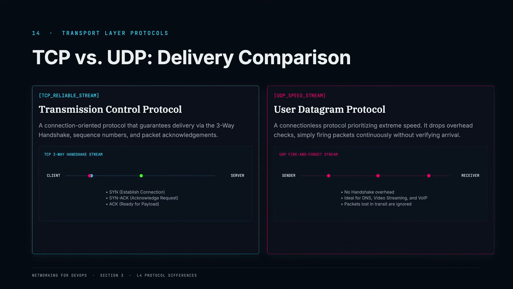Now what is TCP versus UDP? TCP is Transmission Control Protocol and UDP is User Datagram Protocol. Both are used to send data. But if we want ordered data where errors should be checked and we can compromise on speed because it is slightly slower, we can go with TCP, which is more reliable but slower.